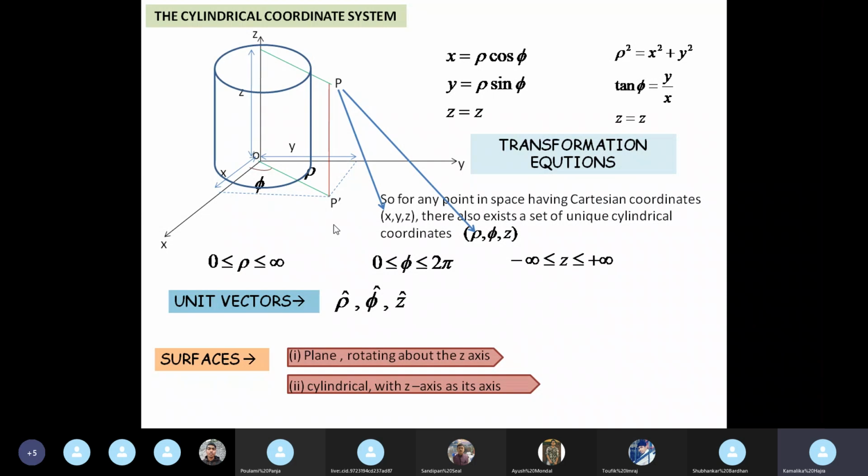This is the cylinder that I'm talking about. And finally, the third surface is a plane which moves up and down along the z axis. So you have fixed rho and you have given phi, but you have not specified z. So it can be anywhere, this plane here that is drawn with the dotted lines, this plane can move up and down along the z axis, okay.